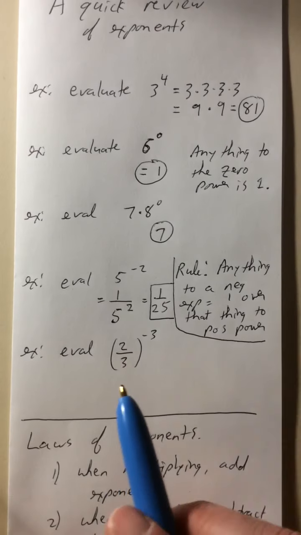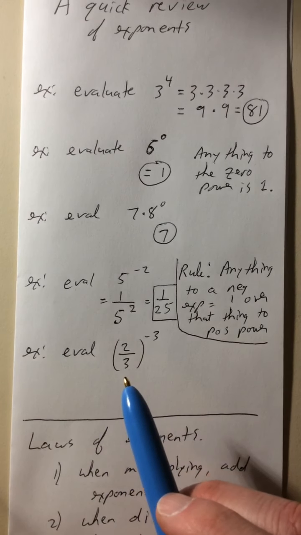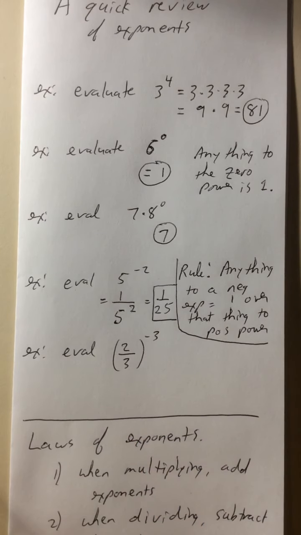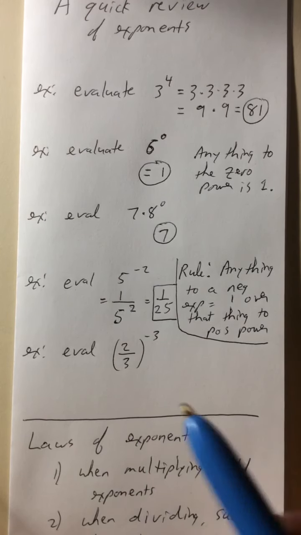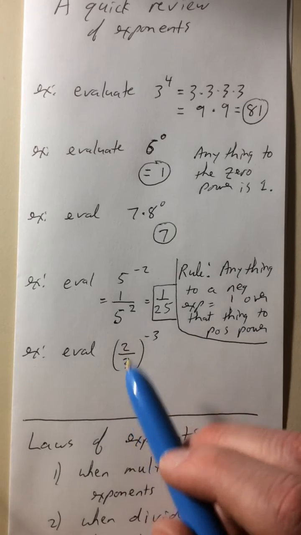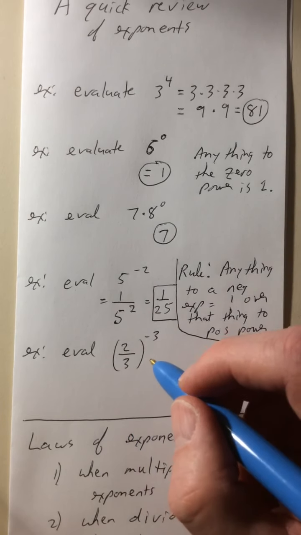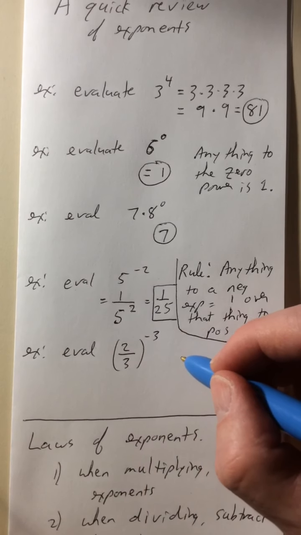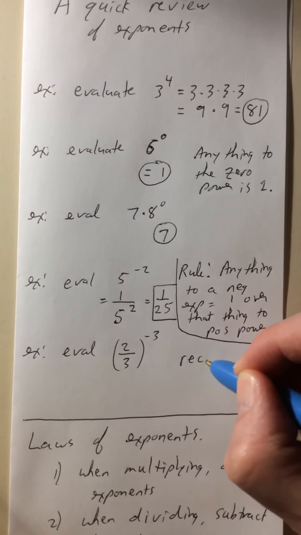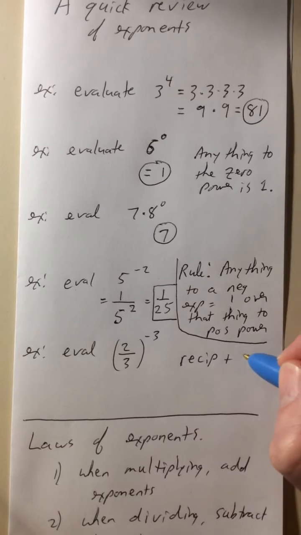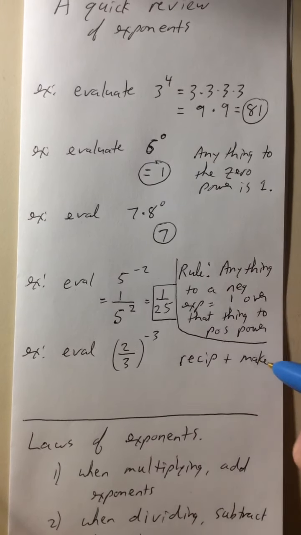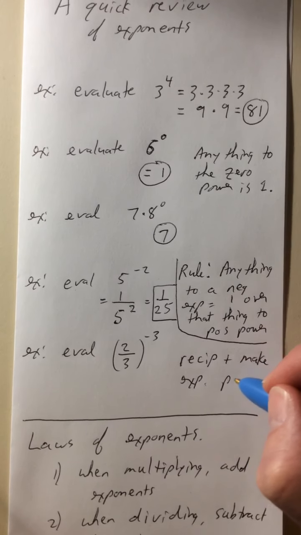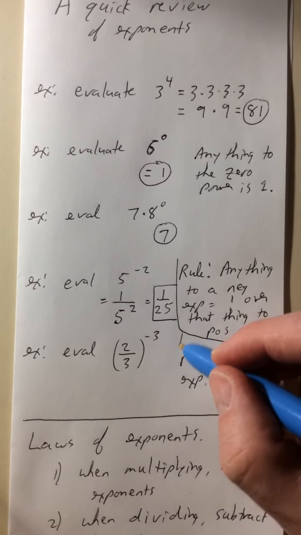Okay, so we can do the same kind of thing with a fraction, and this one looks a little complicated, but if you know this little trick, it becomes much easier. Anytime we have a fraction to a negative exponent, that's equal to the reciprocal of the fraction to the positive exponent. So take the reciprocal and make the exponent positive. That's the way we address this problem.